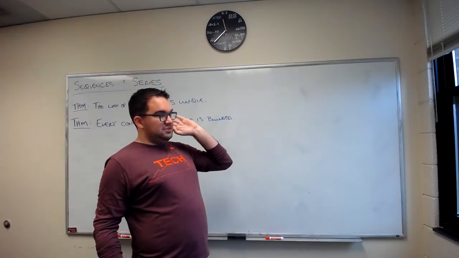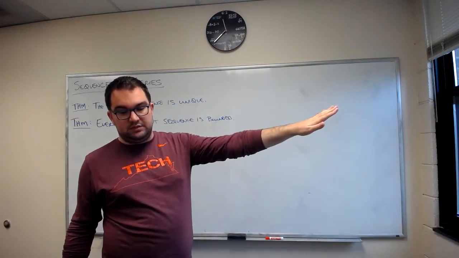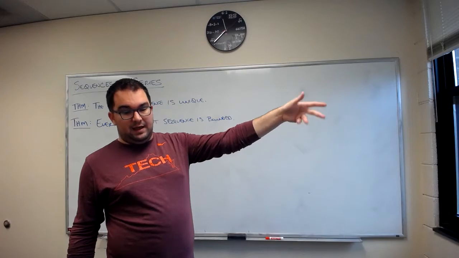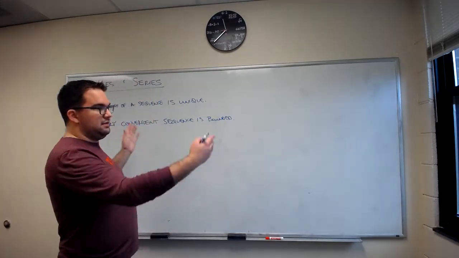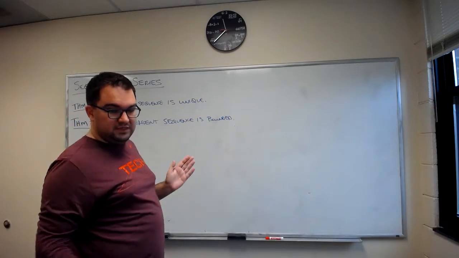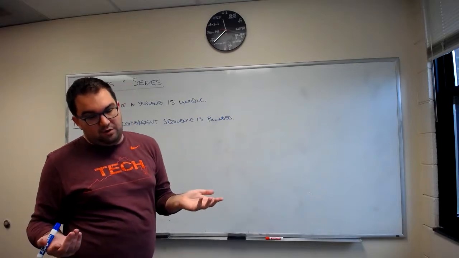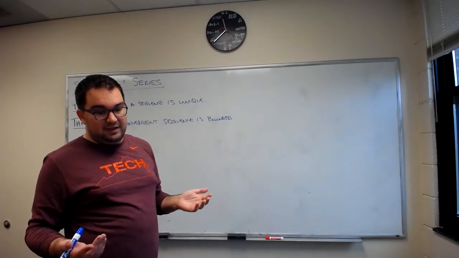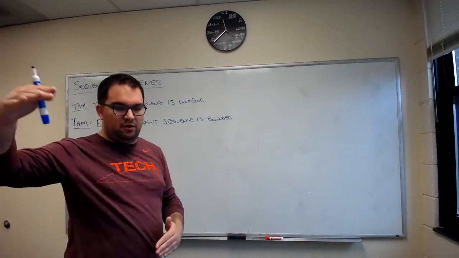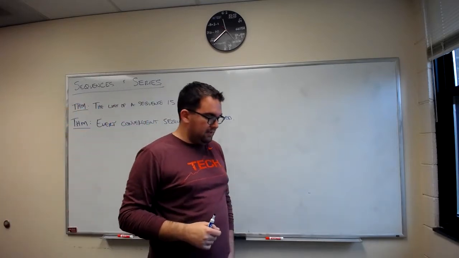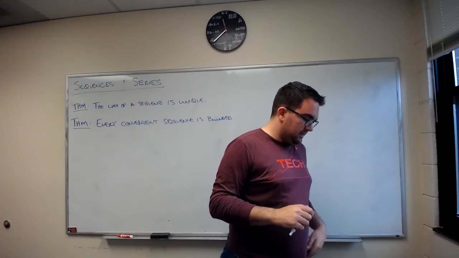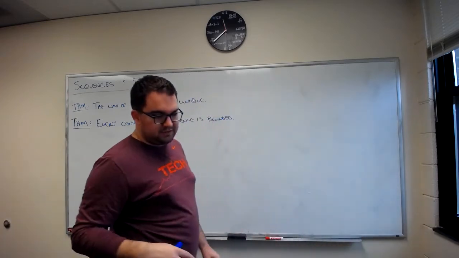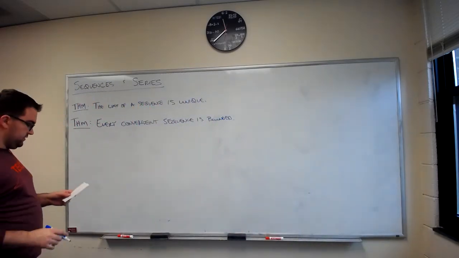So I have this infinite tail of the sequence bounded between L minus 1 and L plus 1. And then the first n terms in the sequence, well, they're all individually finite, and so they have some maximum. So I can bound my whole sequence in this way. So that's the second result. And again, the book has the proof, so read that carefully, but that's the spirit of it.